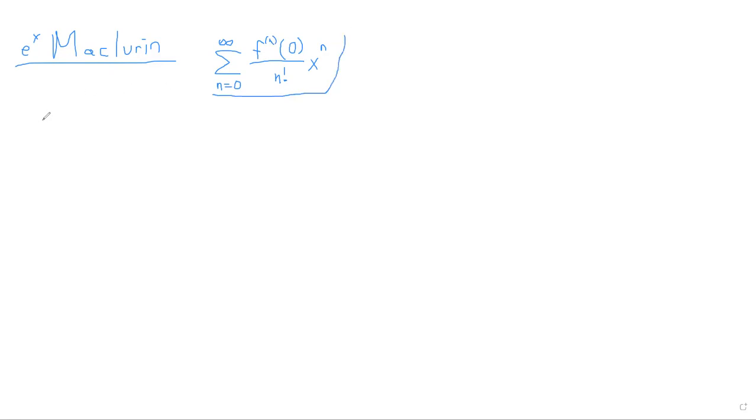So first of all, f of x is e to the power of x. F of x is e to the power of x, but as you know, the derivative will always be e to the power of x. Which is equal to f double prime of x, which is equal to f, the nth derivative of x, which is just e to the power of x.